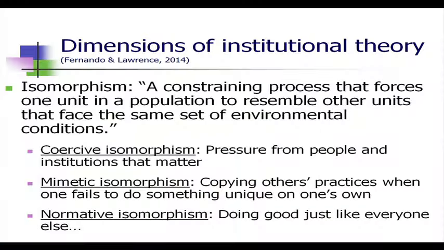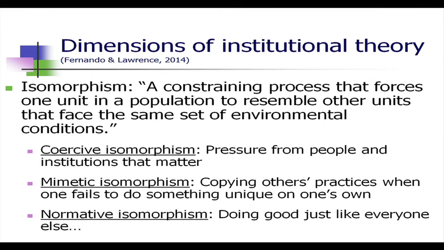The dimensions of institutional theory are: one is isomorphism. There are two dimensions, isomorphism and coupling. We'll talk about coupling in a minute. Isomorphism is a constraining process that forces one unit in a population to resemble other units that face the same set of environmental conditions, applied to the issue of corporate social responsibility or acceptable social performance of the organization.